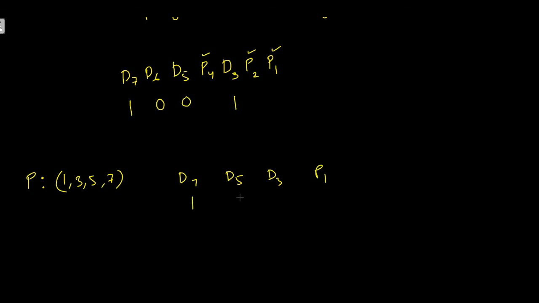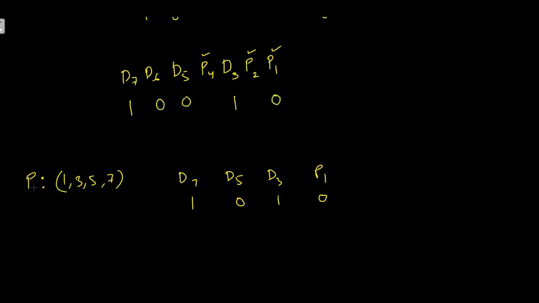D7 is 1, D5 is 0, D3 is 1. The total number of ones is 2, which is even, so the parity bit must be 0. So in P1 we write 0.